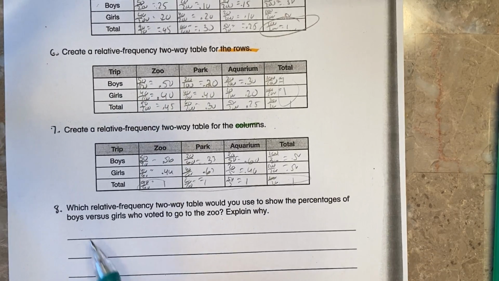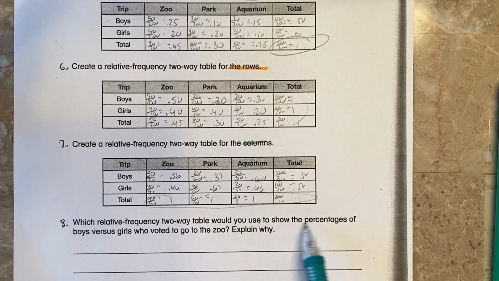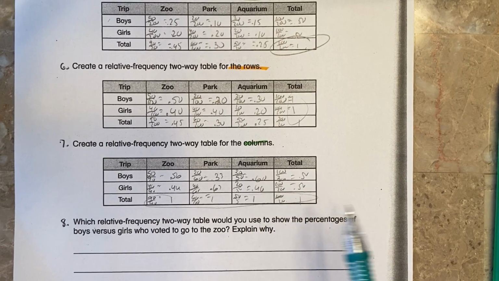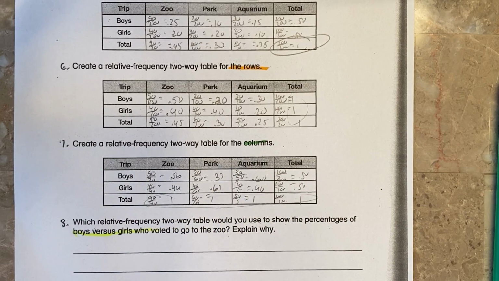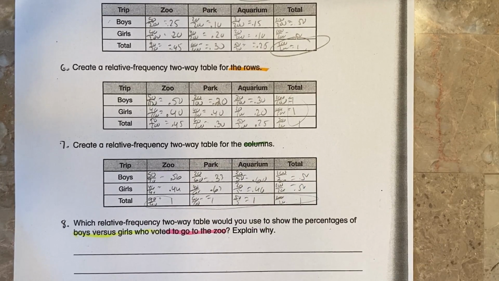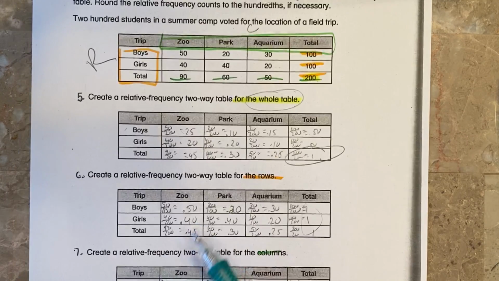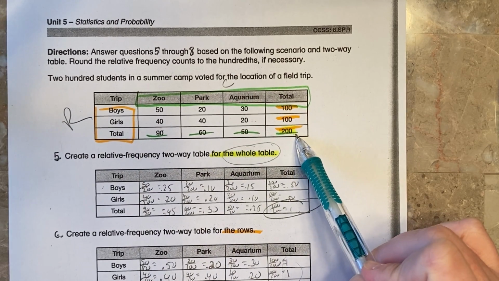All right, so which relative frequency table, which one of these three, would you use to show the percentages of boys versus girls who voted to go to the zoo? Okay. All right, so zoo is which one? Is zoo a row or a column heading or a total of the entire table?